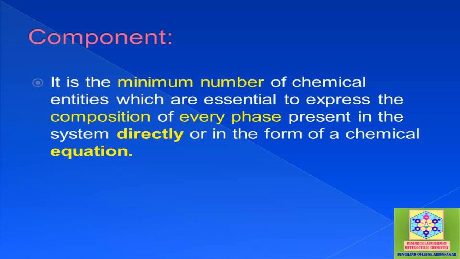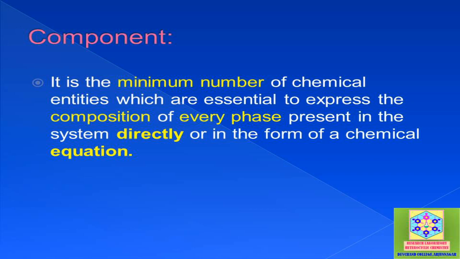The second term involved in the phase rule is component. It is the minimum number of chemical entities which are essential to express the composition of every phase present in the system, directly or in the form of a chemical equation.